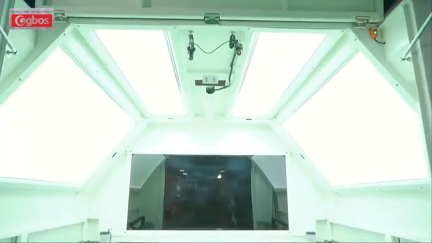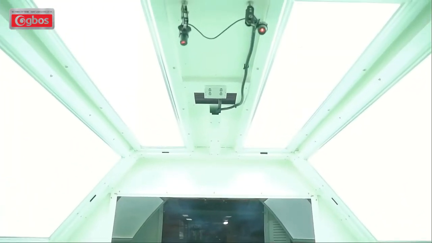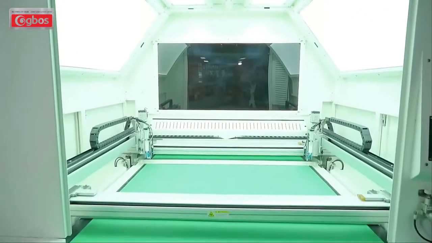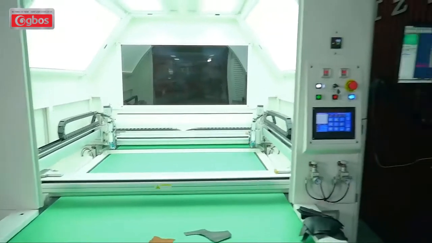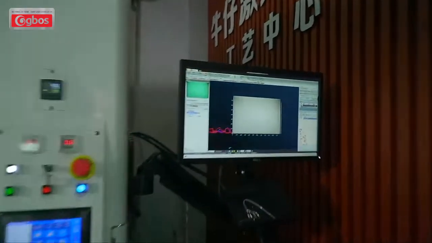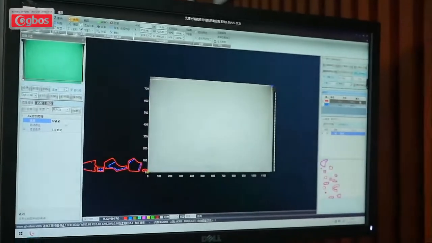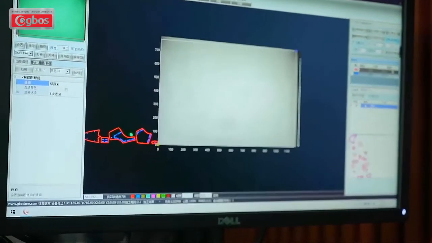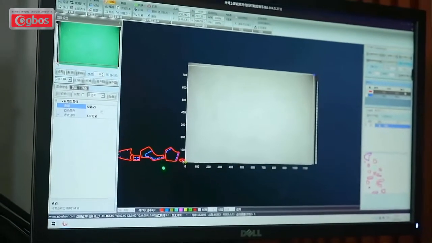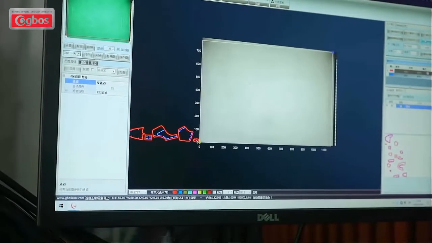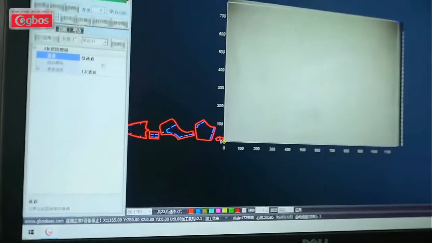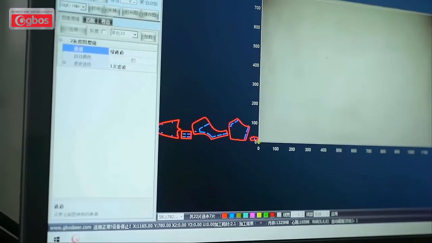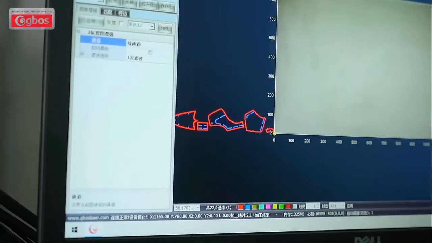The camera will automatically recognize the component, and then in the software you will see the pattern, the red line. The red line is exactly the pattern of the component, and the blue line is the stitching line design. With the help of the camera, they will be automatically matched together.